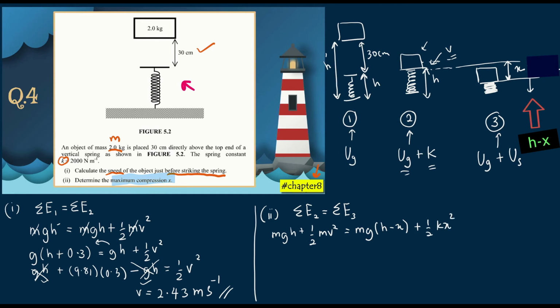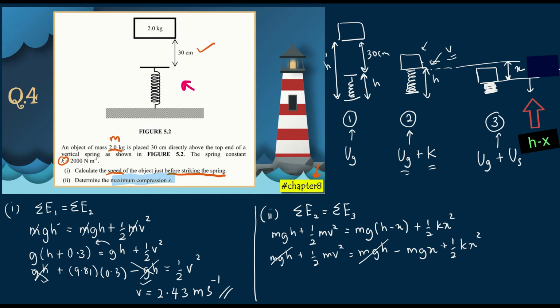This is the formula for elastic potential energy. So we expand all the equations: mgh plus half mv squared equals mgh minus mgx plus half kx squared. So basically mgh minus mgh, they will vanish from the equation.